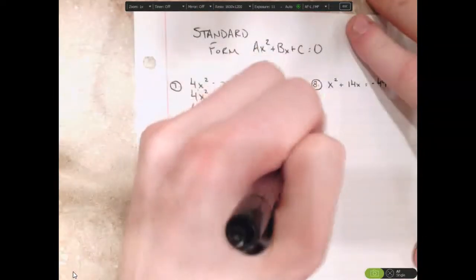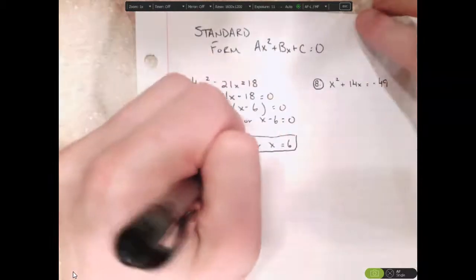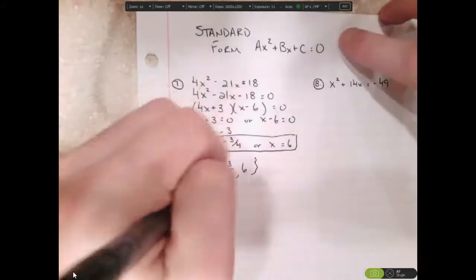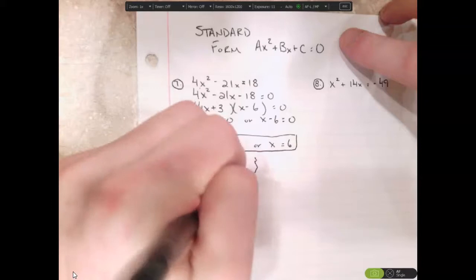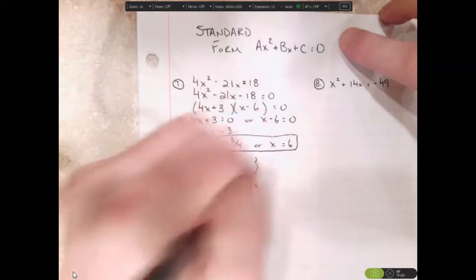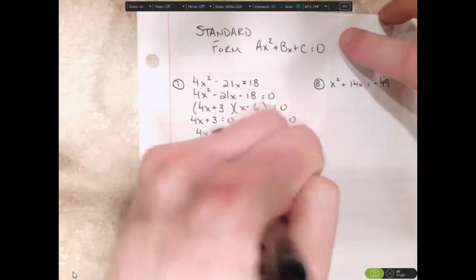So these are my two solutions. So a couple ways. We have negative 3/4, comma 6, or you could write it out. Solutions are negative 3/4 and 6.